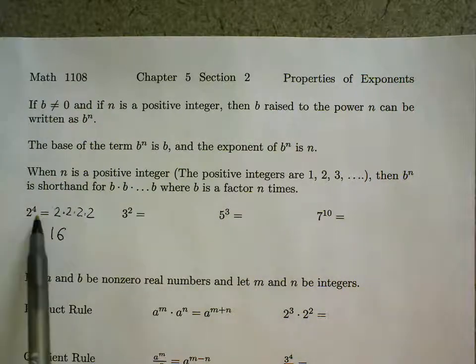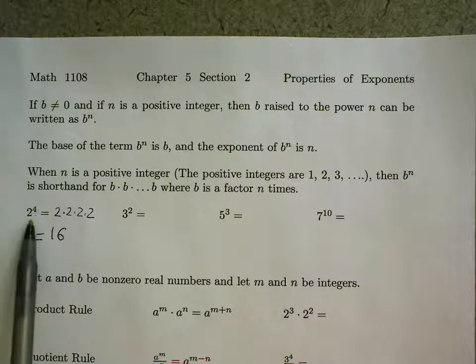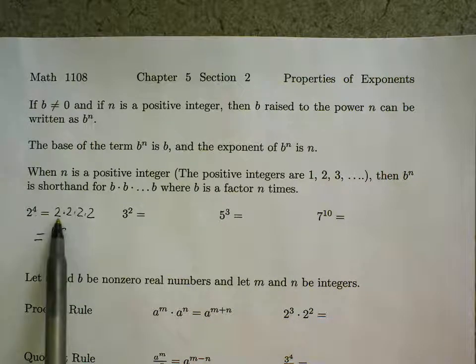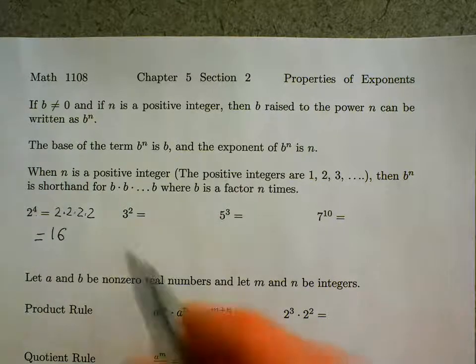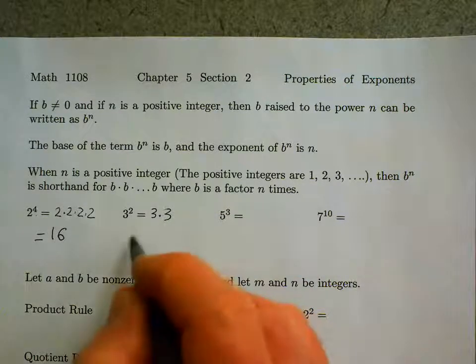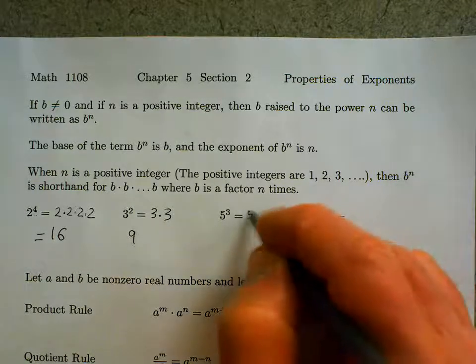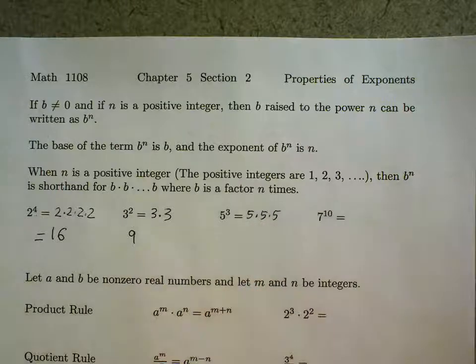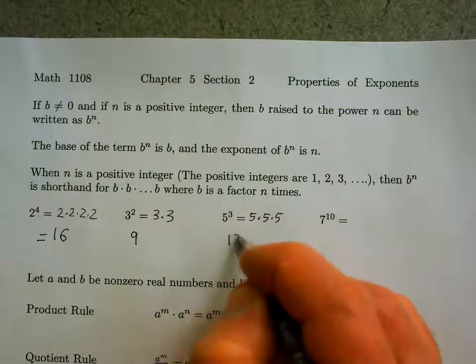But even though the exponent 4 is not very big as far as the size of the number, you might agree that writing 2 to the 4th is more efficient than writing 2 times 2 times 2 times 2. 3 to the 2nd, that means 3 times 3. The factor 3 appears twice, and then that simplifies to 9. 5 to the 3rd, 5 times 5 times 5. 5 times 5 is 25, and 25 times 5 is 125.